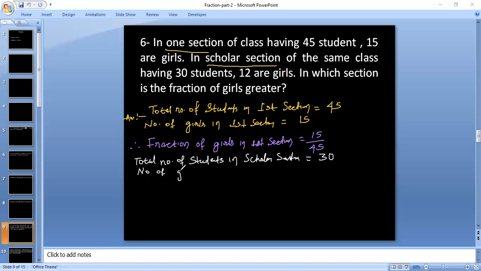Number of girls in the scholar section is equal to 12; there are only 12 girls.